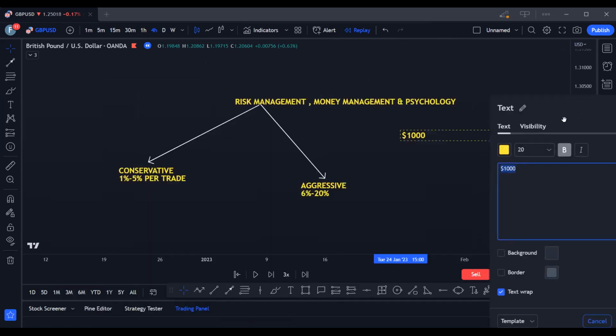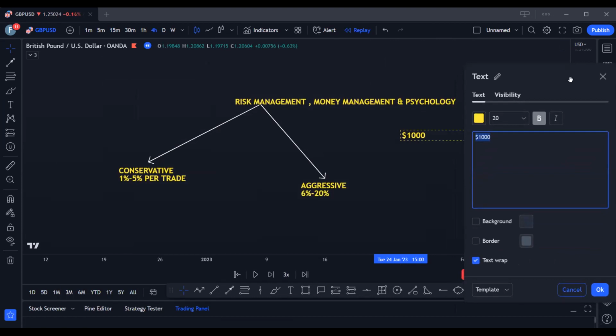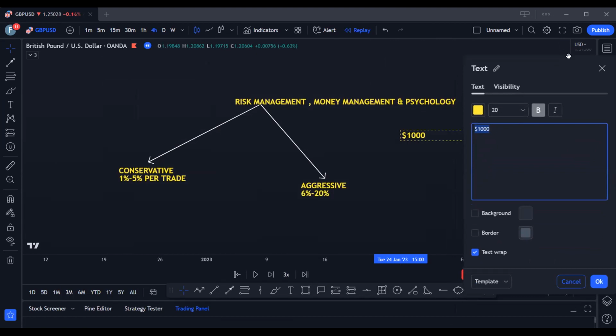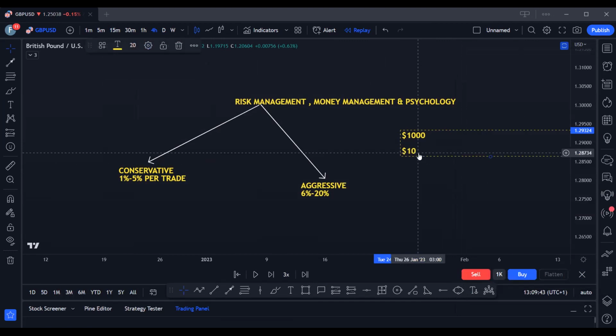So you are about to enter a trade on GBP USD, a buy order. If that trade does not go your way, how much will you lose? 1% of $1,000 is what? $10. You would have lost $10 out of $1,000.